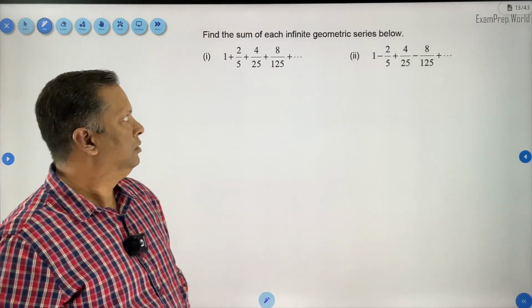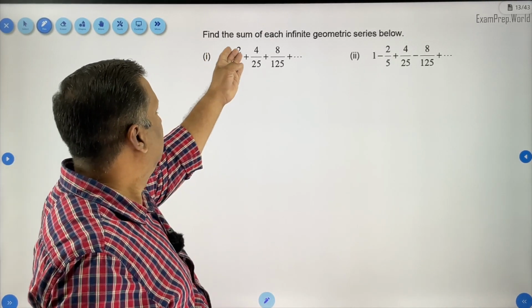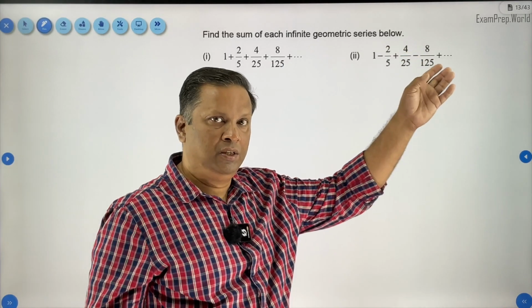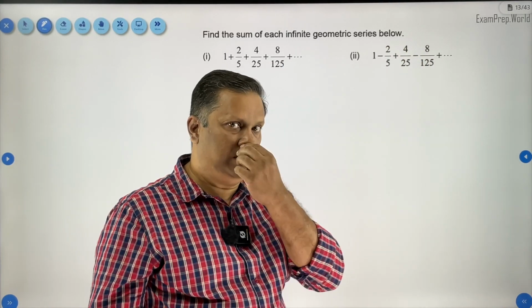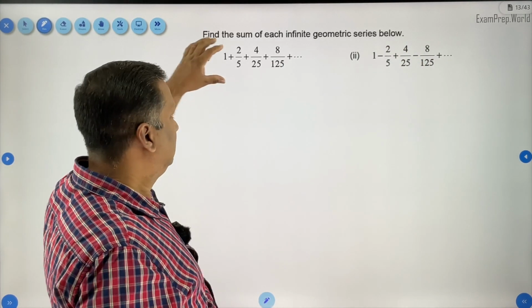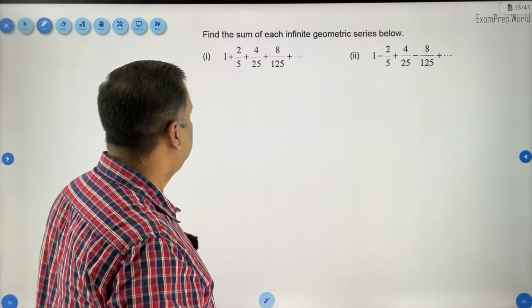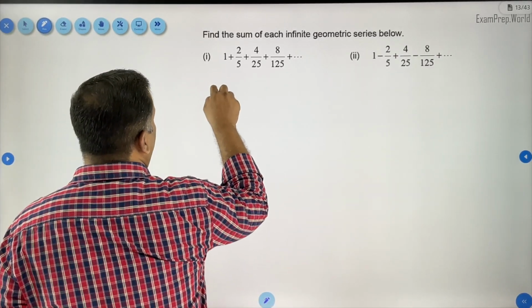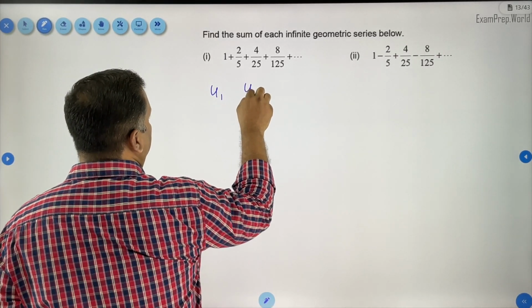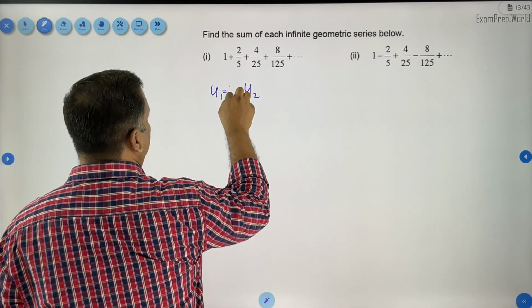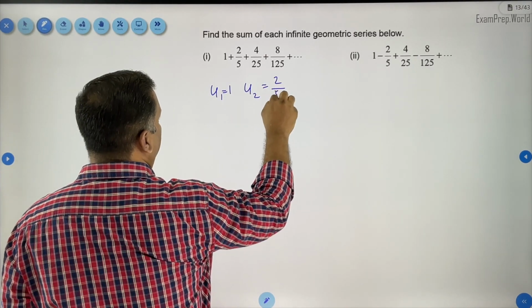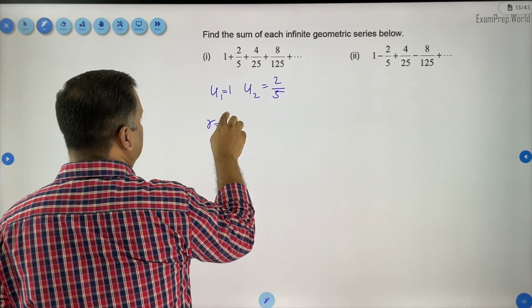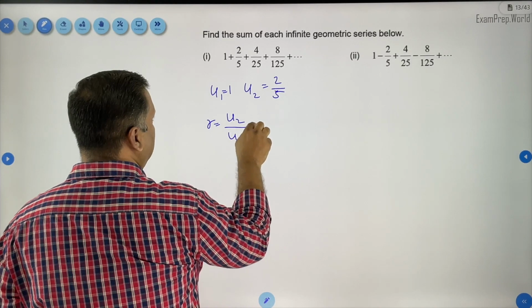Here, they are asking us the sum of an infinite geometric series. They have told that it is an infinite geometric sequence, so definitely it is a converging series. Let's see and check. u1 is 1 and u2 is 2 upon 5. So r is u2 divided by u1, correct?